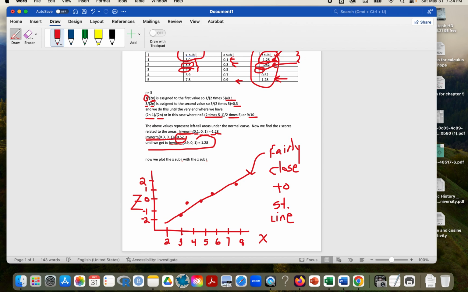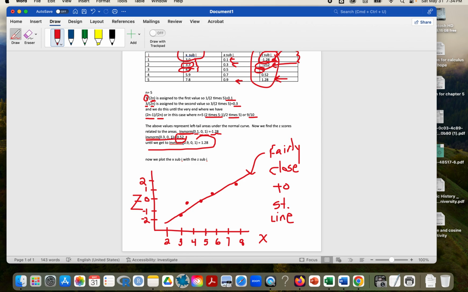At 3, we are at negative 1.28. You notice our scales are a number line, and then thinking about it in terms of z-scores. So we have 3, negative 1.28, and at 3.3, we're up to negative 0.52.